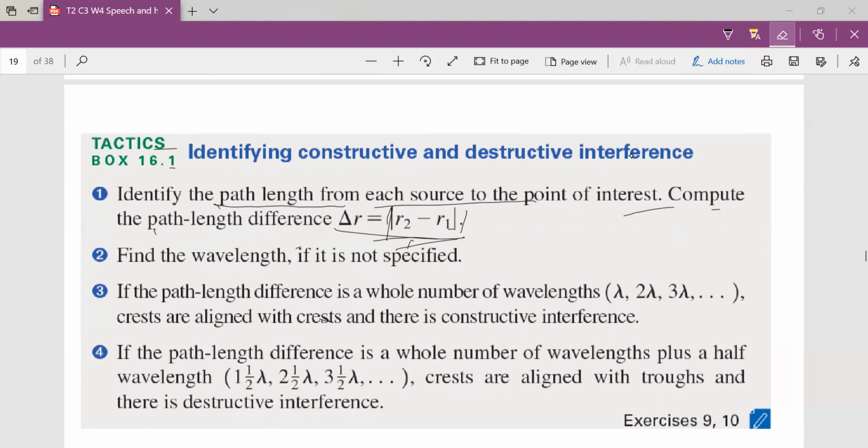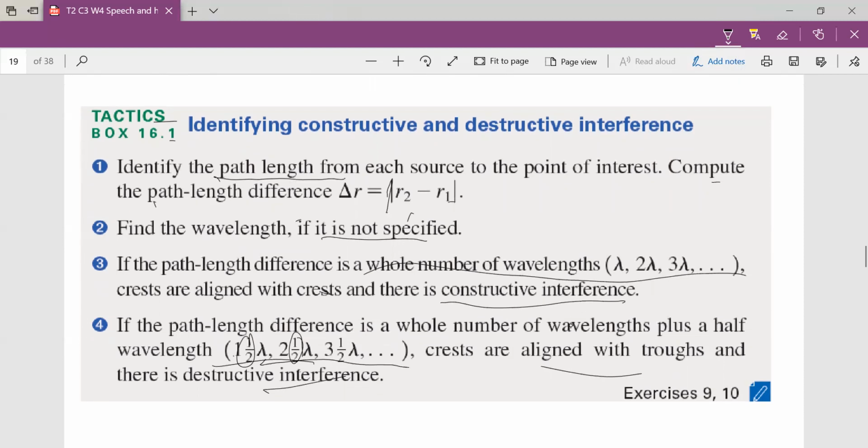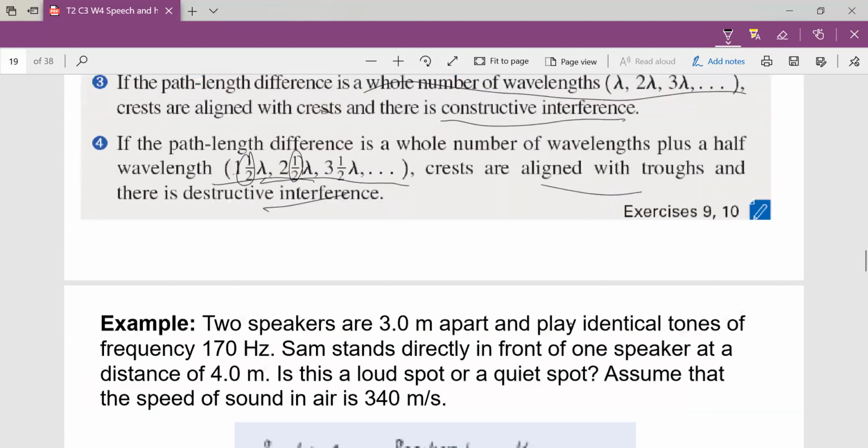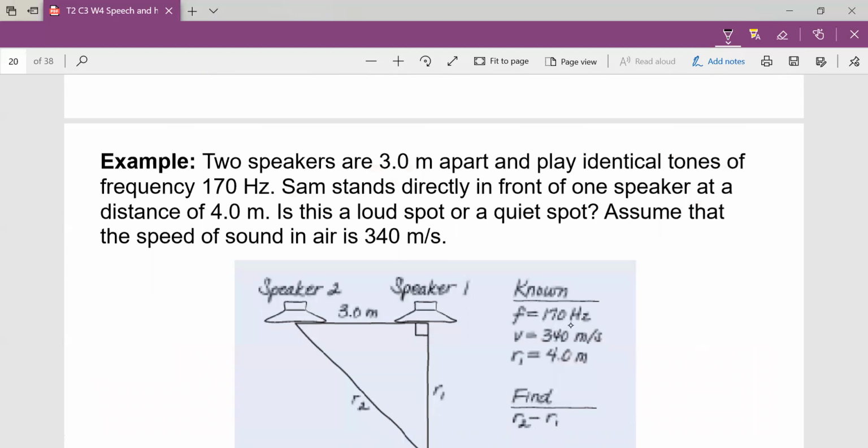We also find the wavelengths when they are not specified. We use the integer multiples of lambda to get constructive interference, and the fractions, which are 1.5, 2.5, there's always a half lambda, to describe destructive interference. So these are things you should keep in mind about destructive and constructive interference. Let's see an example here.